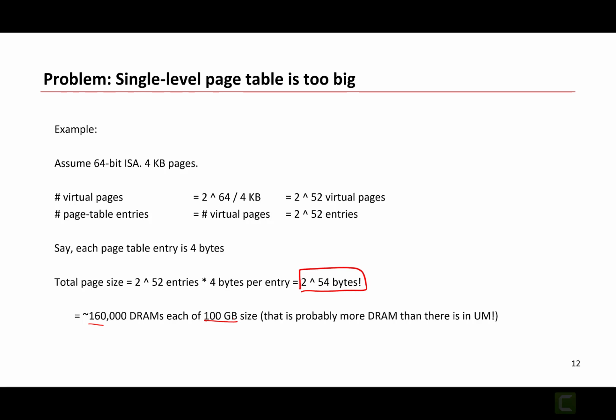Even if you take all the DRAMs that we have in all the computers at University of Michigan, that still won't be enough, most likely, right? So clearly this is not a feasible solution. We need to find ways to try and reduce the size of page table that we need.